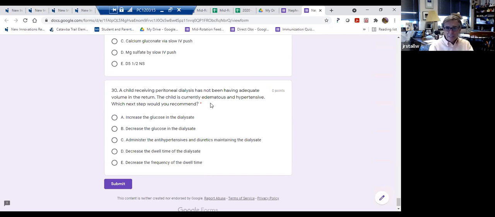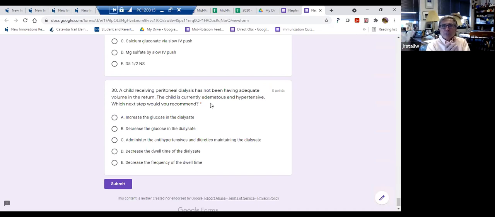It's basic physics here. So basically what you're going to do on this particular question, if you increase the concentration in the fluid, it's going to pull the water out because you're going to equilibrate between the peritoneum and the blood. I mean, the body doesn't hold pockets of stuff.